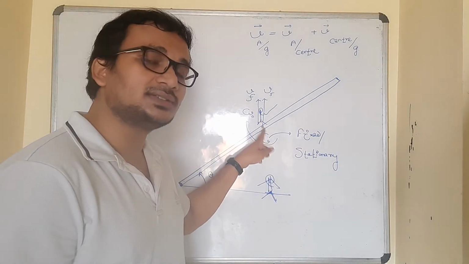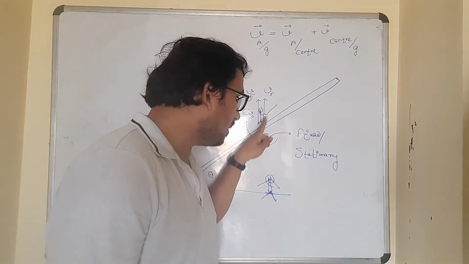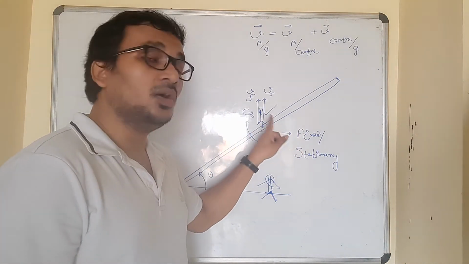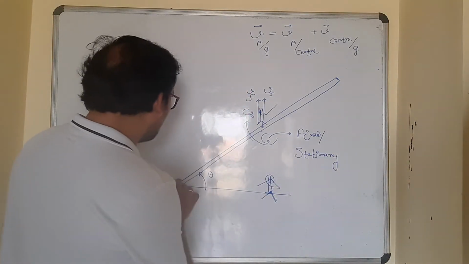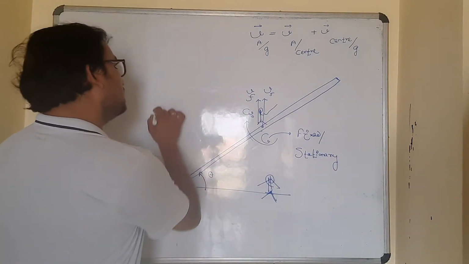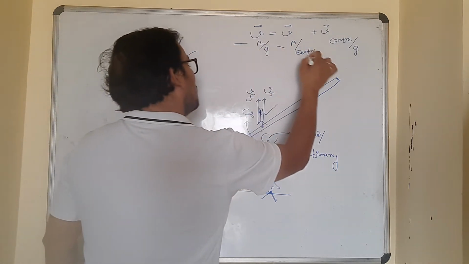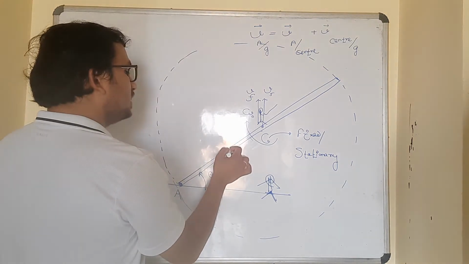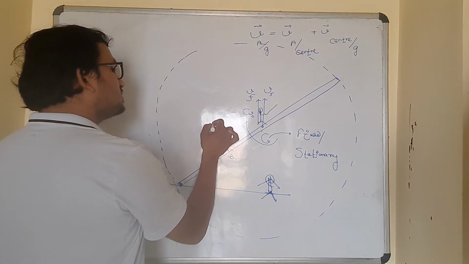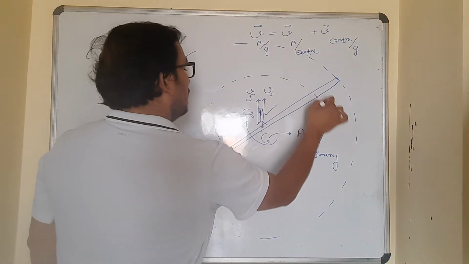The center is the axis. So with the center of mass of the rod as the center, this point A will also start moving in a circle. Not only this point, every point of the body will start moving. Even if I choose this point B, this will also start moving in a circle.